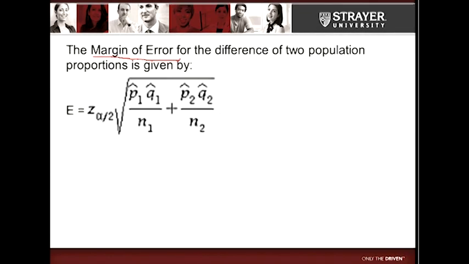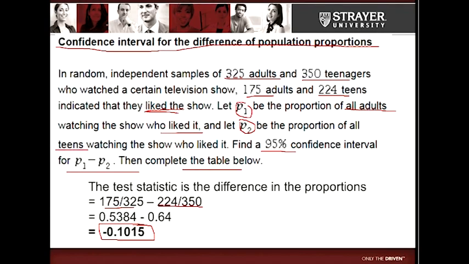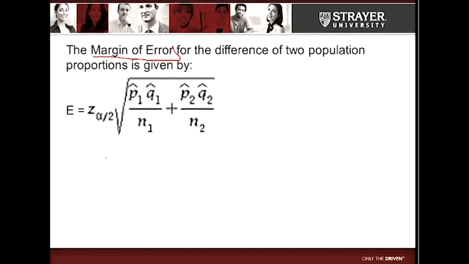Okay, so the margin of error. Remember, for confidence intervals, and we're doing a confidence interval here, it always starts with a margin of error, which is always going to be your Z or T or whatever other letter you have to work with, times the standard deviation, or the standard error. So the difference of proportions does use the Z-score. Proportions use the Z-score of alpha over 2, which is the same as we've done every time.